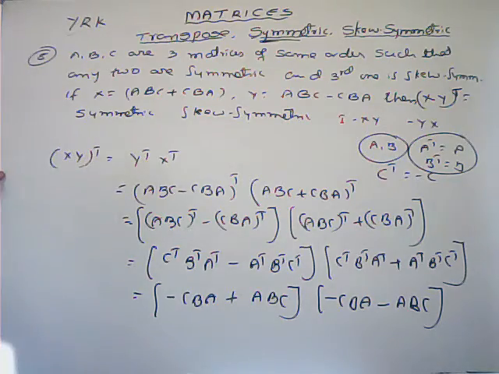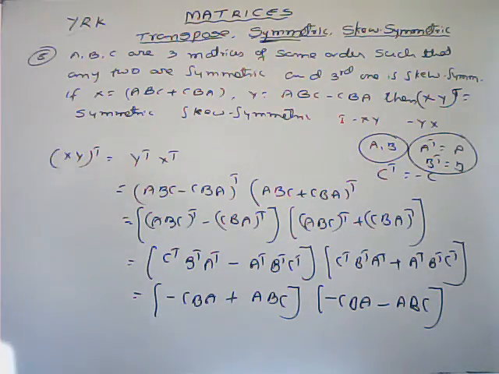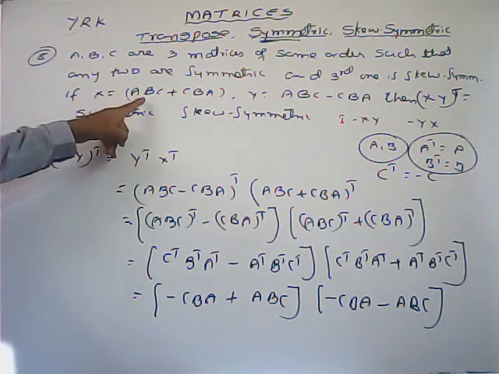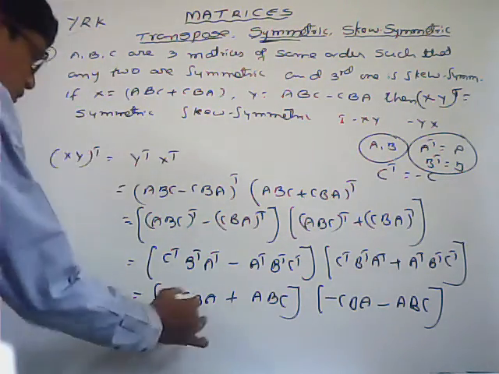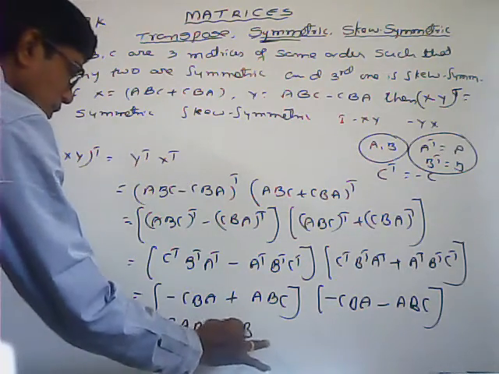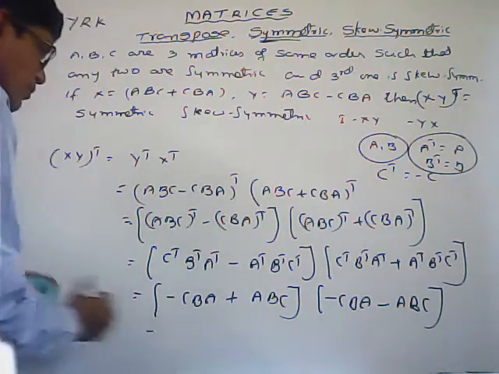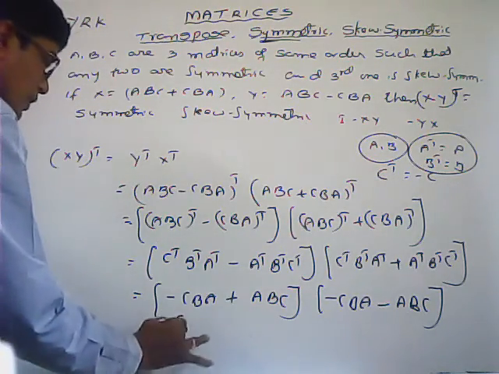Now from these two terms I am taking minus as common: ABC minus CBA, positive value I am writing first.